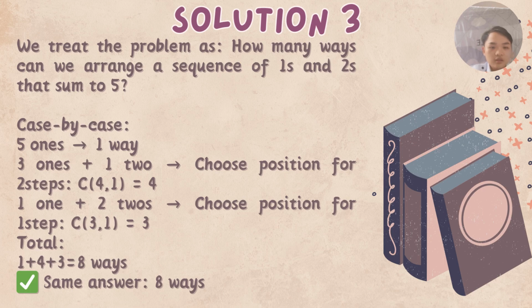And the third is one 1 step and two 2 steps, where we can choose the position of the 1 step, which is 3. After we calculate all the ways, which is 1 way plus 4 ways plus 3 ways, we get the same answer as the other solutions, which is 8 ways.